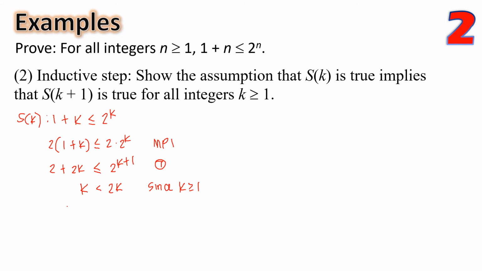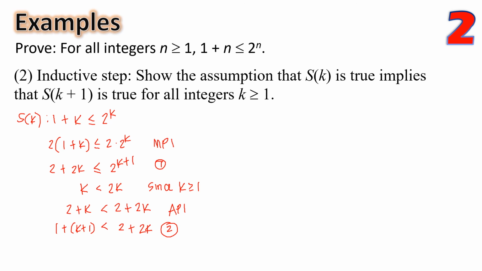Again, let us use 2. 2 plus k is less than 2 plus 2k. This is by API, or addition property of inequality. 2 plus k can be expressed as 1 plus k plus 1. Let us label this inequality statement as number 2 for the basis of our next statement.